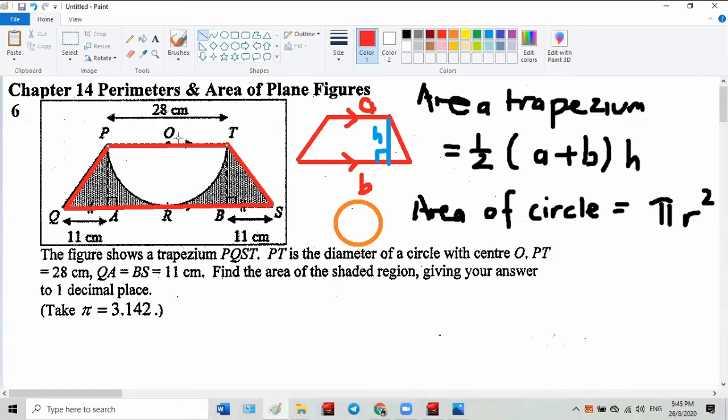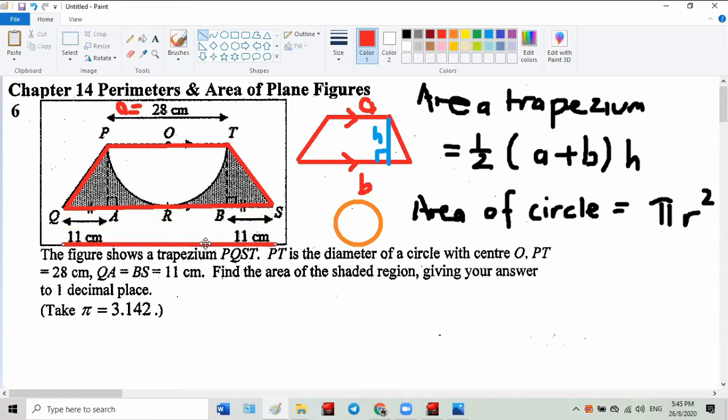If that is 28, I'm sure you know the red one, the top, which I call A, is equal to 28. How about the bottom B, from here to here? It's made of what?